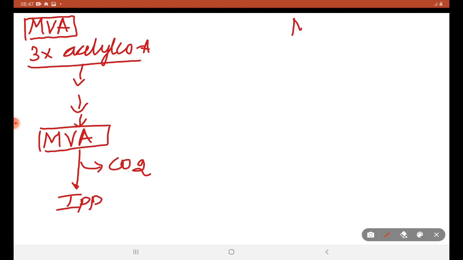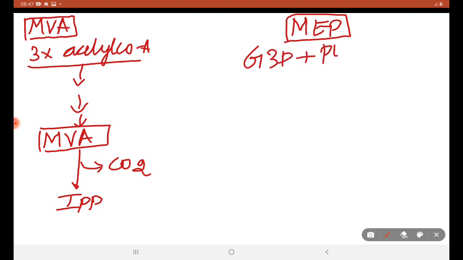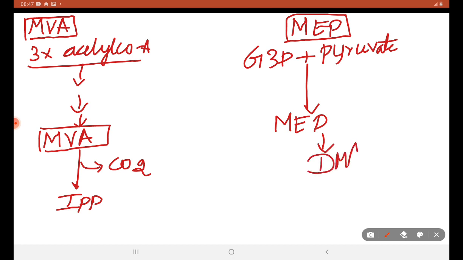Another pathway is the methyl erythritol pathway, in which glyceraldehyde 3-phosphate and pyruvate, with the help of DOXP synthase and DOXP reductase, form methyl erythritol phosphate, then dimethylallyl pyrophosphate.